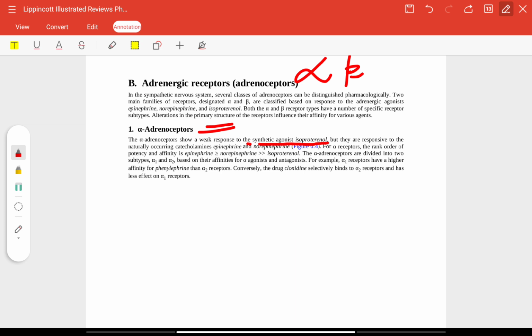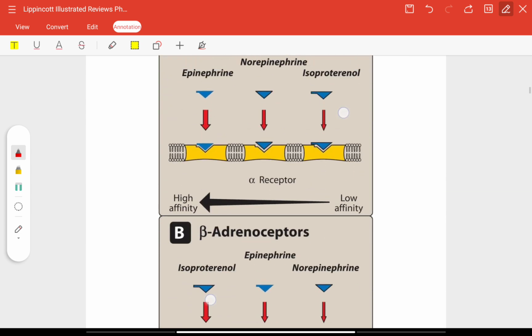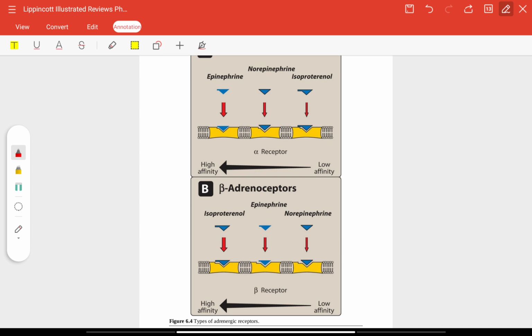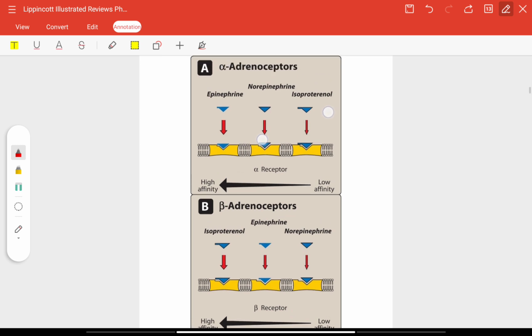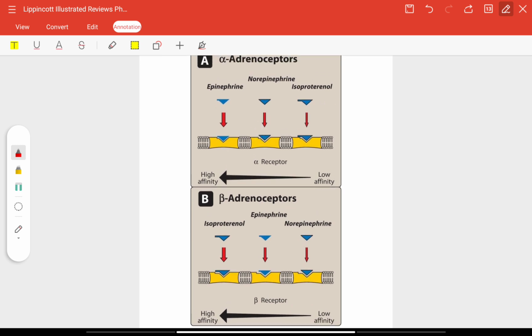Okay, the potency: epinephrine is more potent towards the receptor than norepinephrine, and isoproterenol is less. Now you can see here, this is defined as affinity for alpha receptors. Two types of adrenoceptors we have studied, alpha and beta.